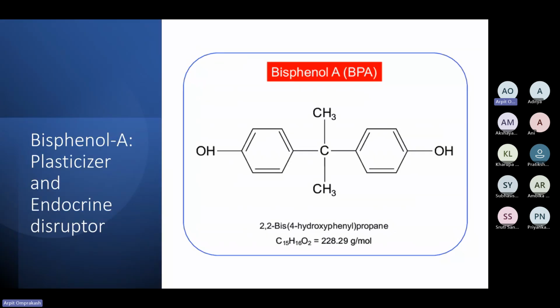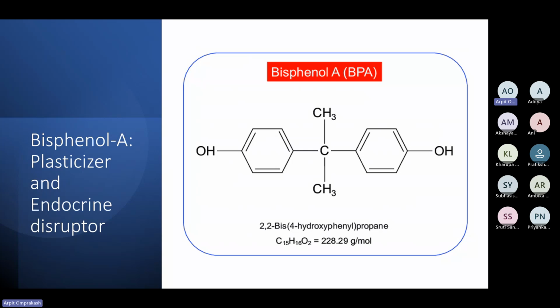So, for example, this compound called bisphenol A is a plasticizer. It basically gives the plastic the property of being resilient to pressure. So if you press a bottle of water, it comes back to its normal shape. That is due to this plasticizer, which gives it some amount of elasticity.